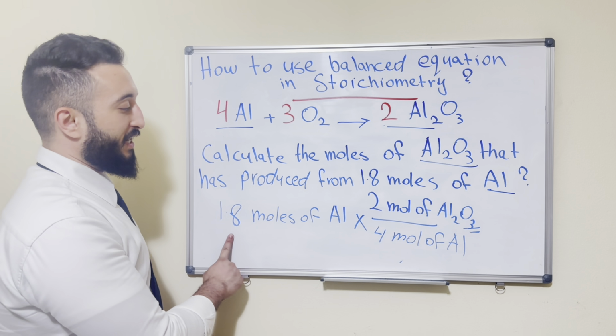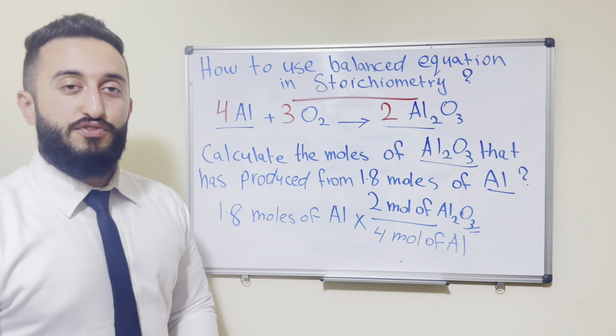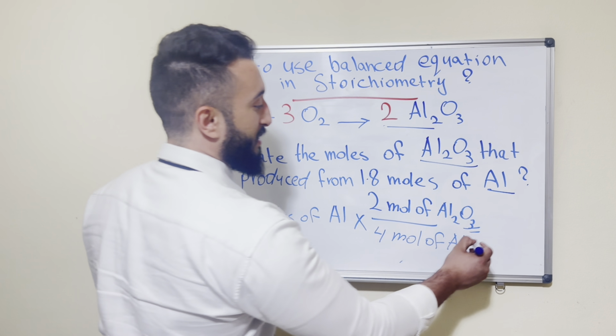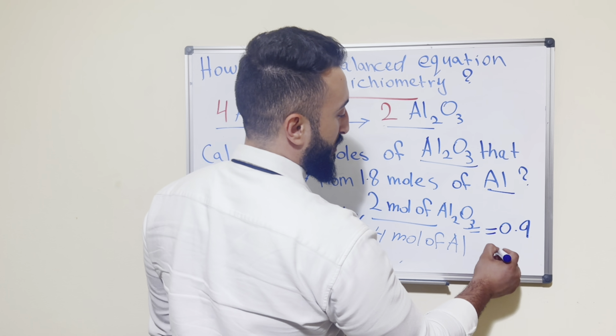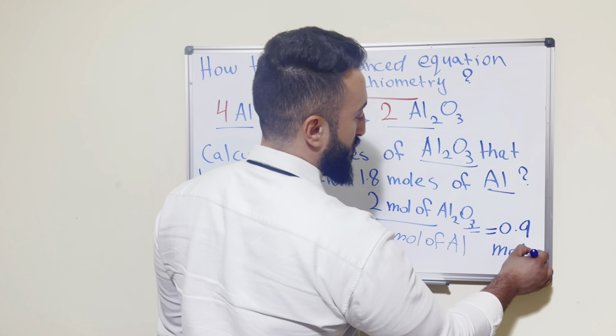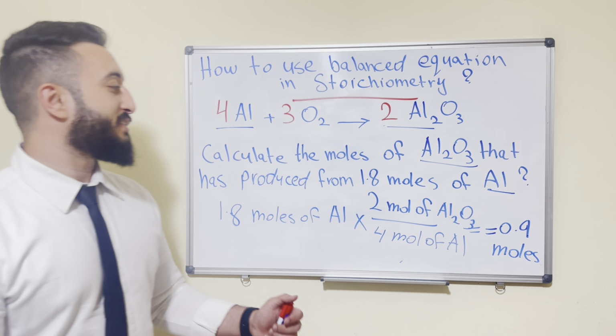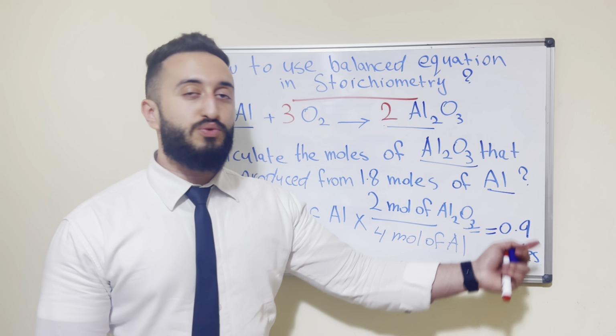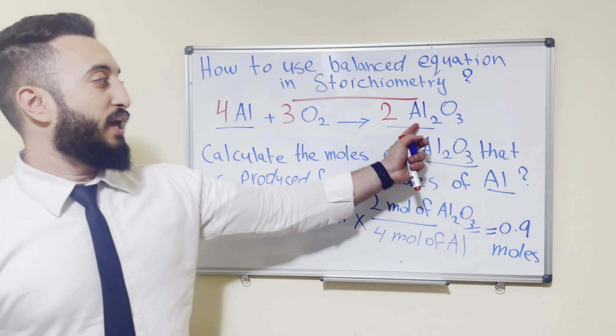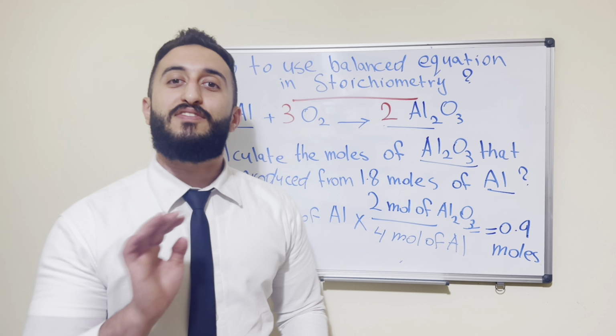So 1.8 times 2 over 4, the answer will be 0.9 moles. So 1.8 moles of aluminum will produce only 0.9 moles of aluminum oxide, and this is the final answer.